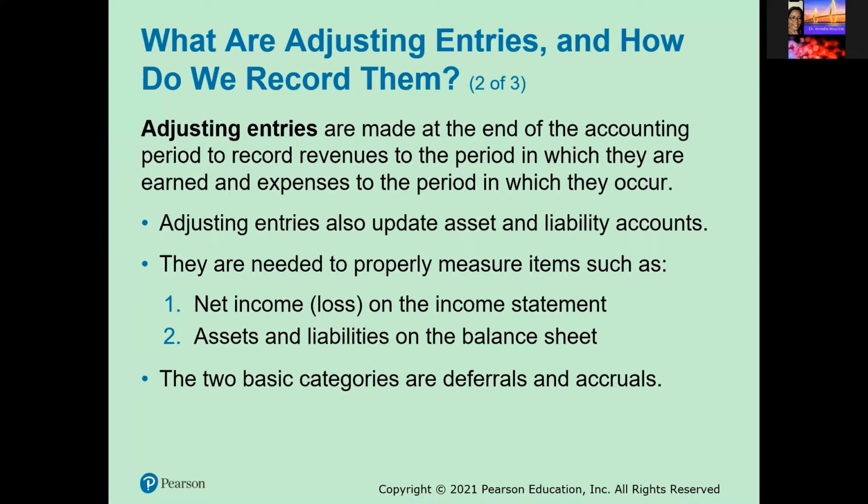So what are adjusting entries and how do we record them? Adjusting entries are made at the end of the accounting period to record revenues to the period in which they are earned and expenses to the period in which they occur.